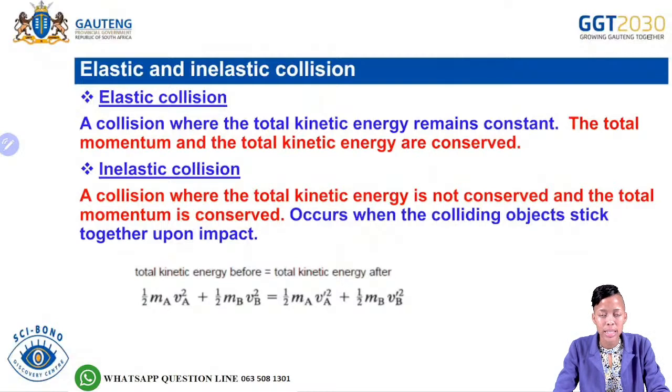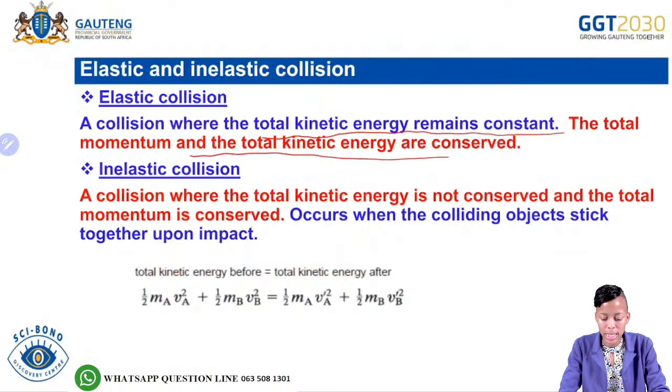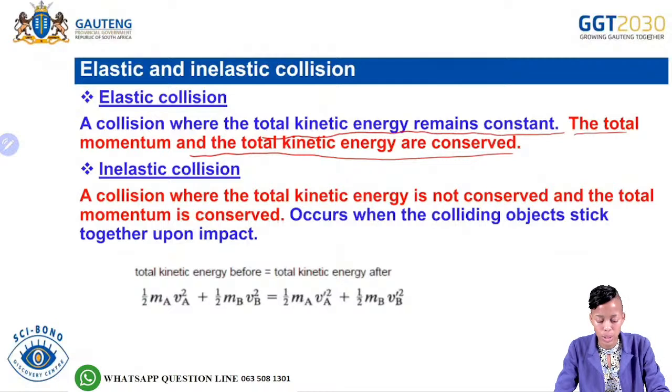Then we spoke about elastic and inelastic collisions. For an elastic collision, we said it is a collision where the total kinetic energy remains constant, and the total momentum and the total kinetic energy are conserved. So you need to remember the following information.